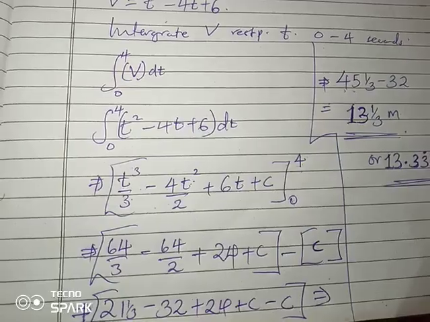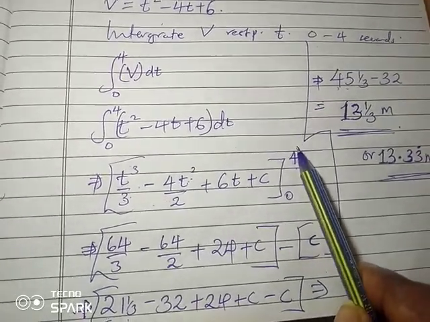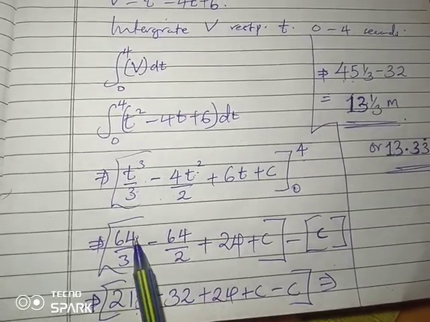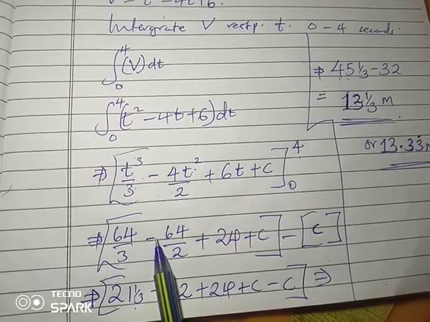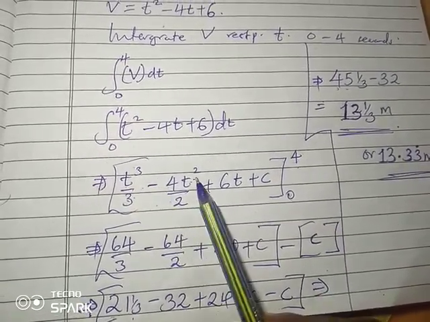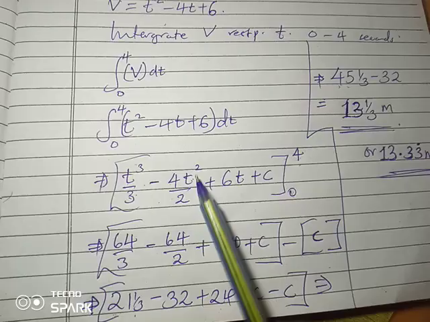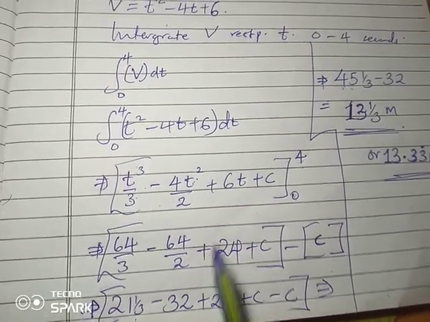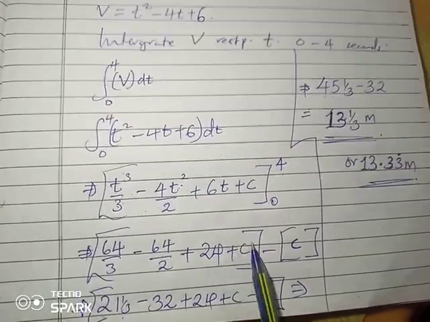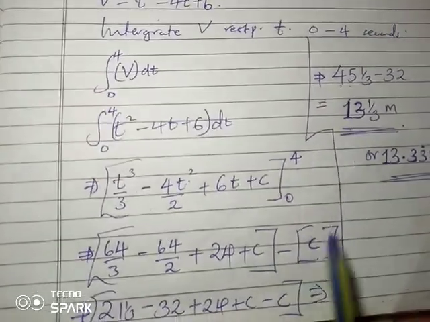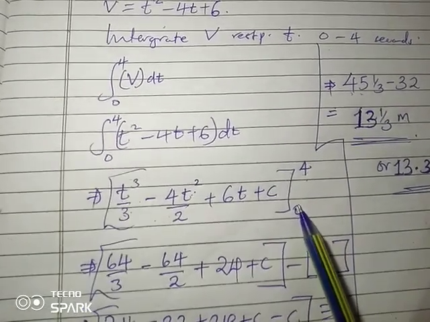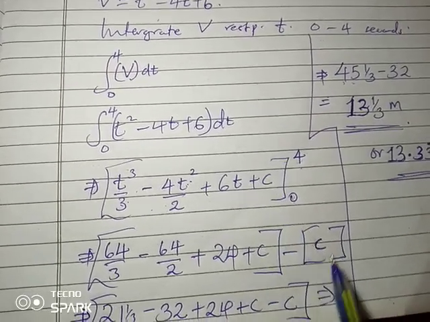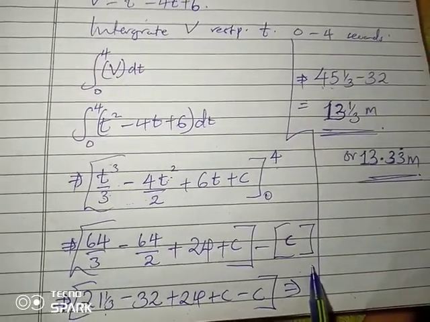Coming over here, now substituting for t with the value of 4, we shall have 4 cubed as 64 over 3 minus 4 squared times 4 is still like 4 cubed. 4 squared is 16 times 4 is 64 all over 2 plus 4 by 6 is 24 plus the constant c, minus, when we substitute 0, t being 0, of course all this shall be zeros except c remaining alone, so I didn't want to write them.